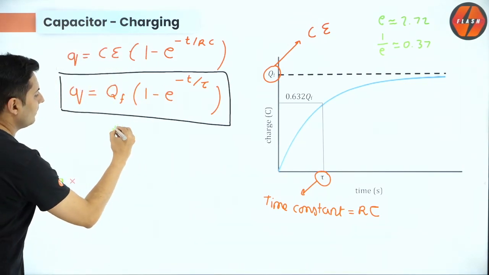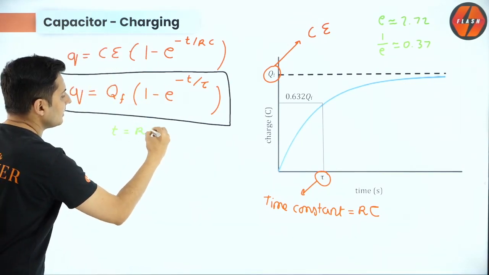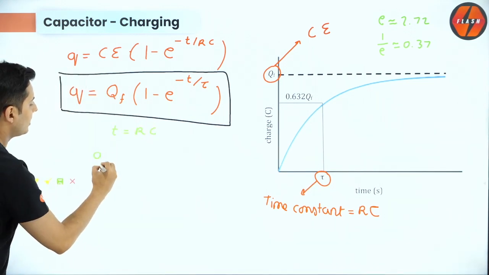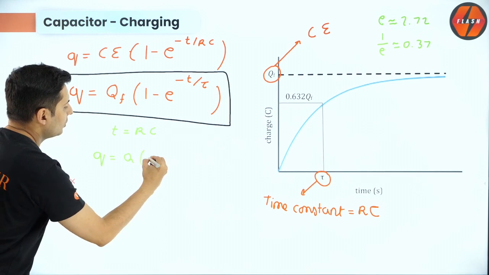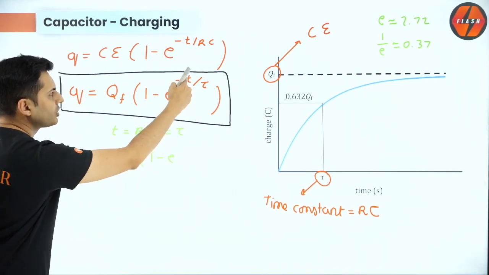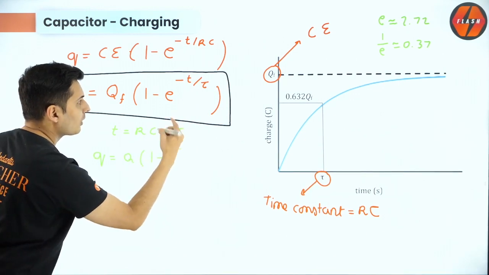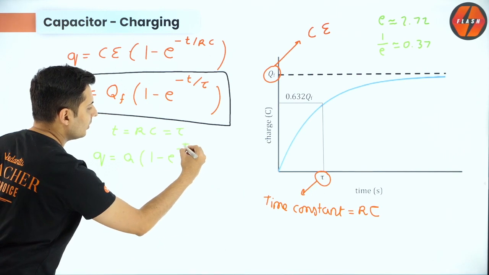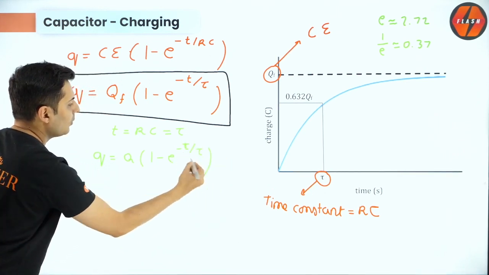If I put the value of time as RC, you wait for this much amount of time, what will the charge be? It will be Q into 1 minus, RC is nothing but tau. So tau by tau will become 1. So it will become e raised to minus 1. Or if you want, I'll just put it over here, tau by tau.